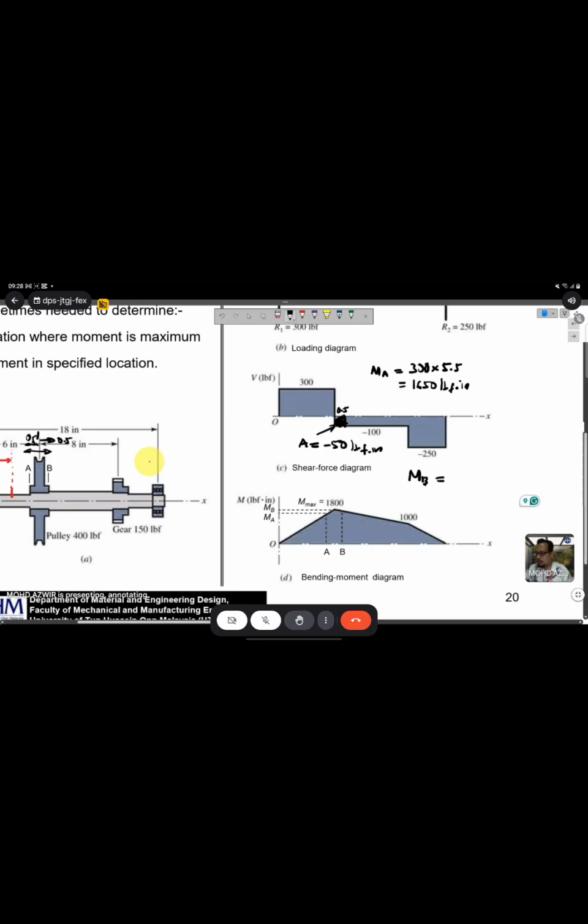So the total moment at B is the previous moment, which is 1800, minus 50 pound, so then you will get 1750 pound inch.